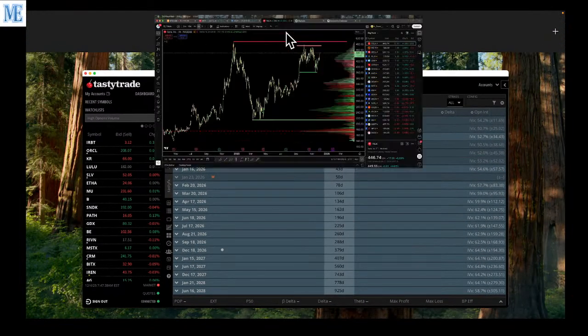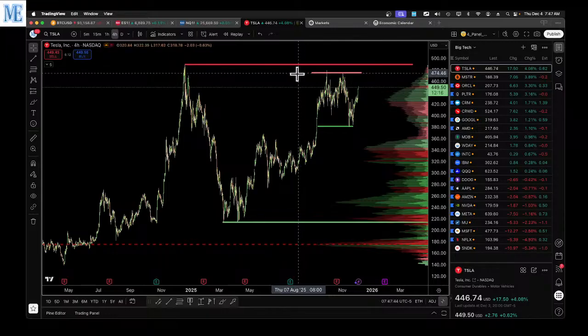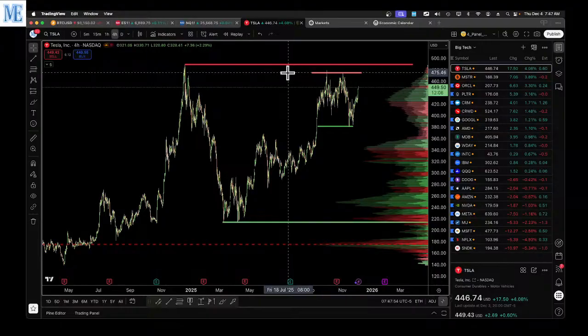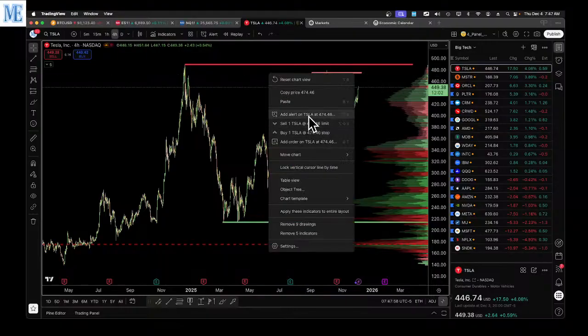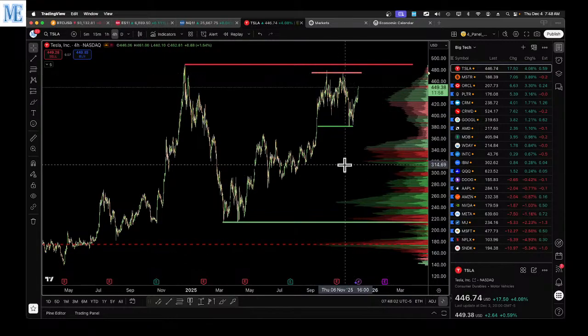And then looking at this chart, for me, it's kind of like off the table. I can't really trade it here because I'm really not going to want to get short around here. If we get up over 475, I would definitely consider taking a short-term short there.